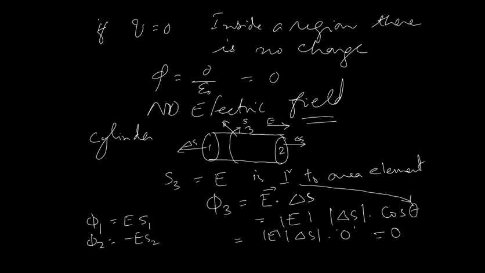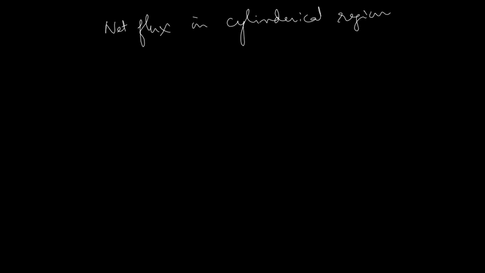Okay. So in the cylindrical surface case also, the total flux, net flux in the cylindrical region equals phi 1 plus phi 2 plus phi 3, that's equal to E S1 minus E S2.